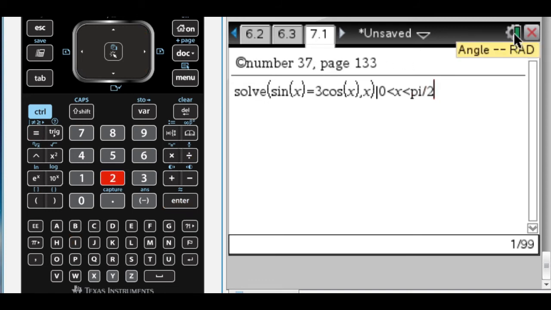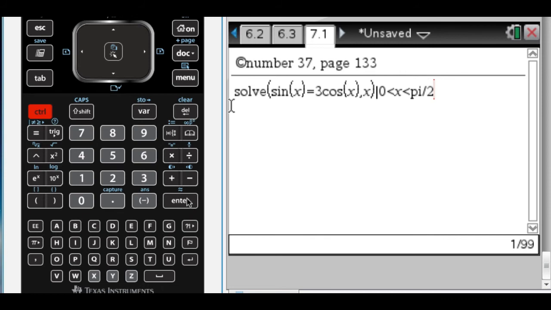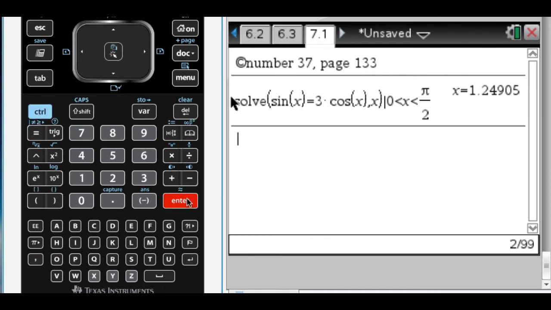Let's see what mode I'm in. I'm in radian mode, so this will work. I want a decimal from the answer choices, so control enter, and I get 1.249. So that would be option E. That's what I would go with.